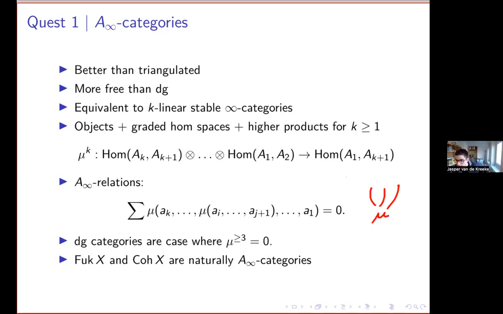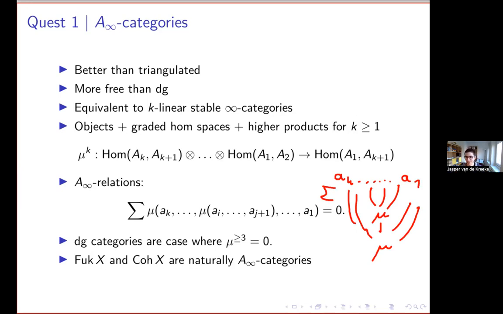This axiom looks like this: if you pick an arbitrary compatible sequence of input morphisms, and you sum over all possible ways to insert some subsequence of them into mu, and all the remaining elements and this mu again into mu, and you sum over this, you're supposed to get 0.